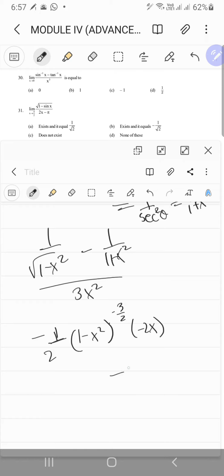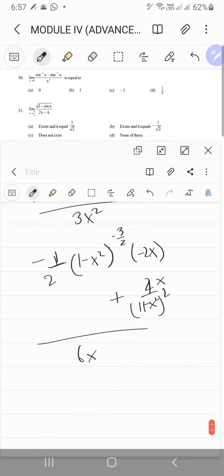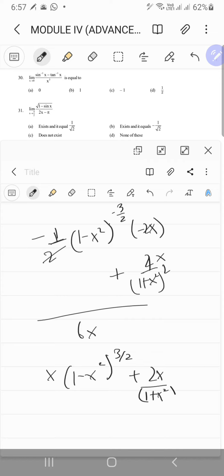Okay, minus is plus, so plus, then 1 upon 1 plus x squared to the power of 2 times 2x upon 6x, right? So what is this going to be? This cancels, so just get x into 1 minus x squared to the power of 3 by 2 plus 2x upon 1 plus x squared, upon 6x.